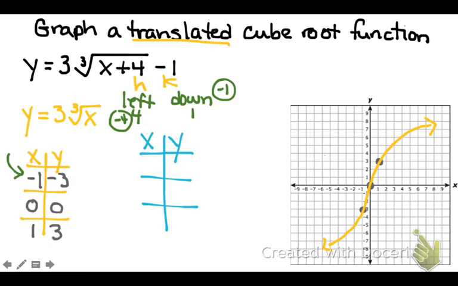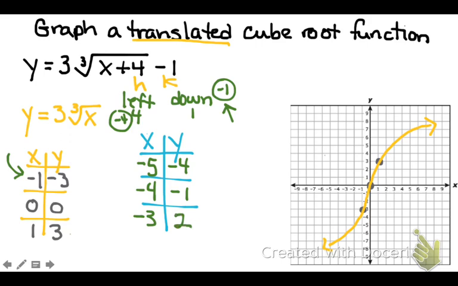So if I do that, the x becomes negative 5, the y becomes negative 4. Negative 4 and 0 is negative 4. Negative 1 and 0 is negative 1. And then negative 4 and 1 is negative 3. And negative 1 and 3 is 2.